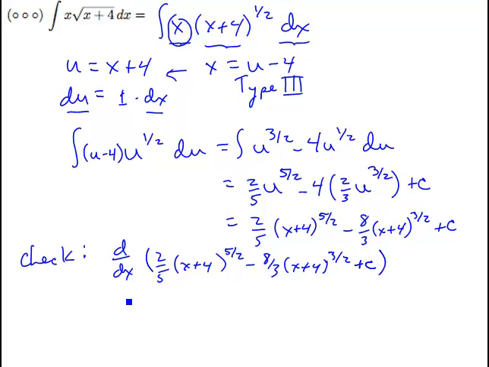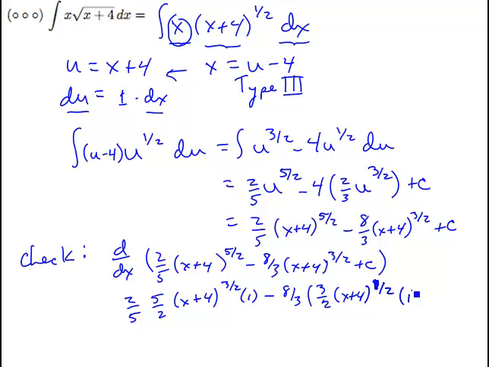Bring the 5/2 down, pulling the 2/5 out of the way, reduce the exponent by 1, 1 less than 5/2 is 3/2, multiply by the derivative of the inside, which is 1, bring the exponent down, leave what's inside alone, reduce the exponent by 1, it'll be a 1/2, multiply by the derivative of the inside, and the derivative of our constant is 0.